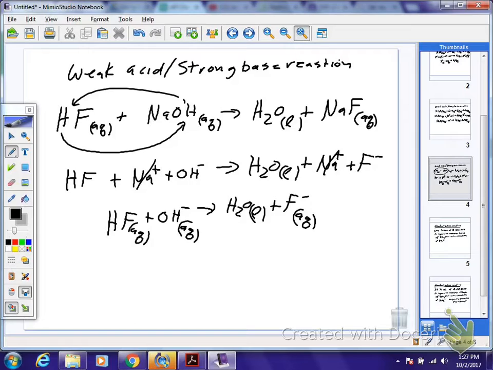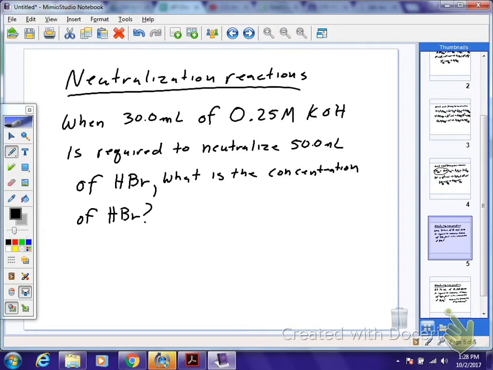All right. The next part is the actual calculation process, and it's real similar to what we did on Thursday when we set up our ICE. Now, I'm not going to set these up as ICE, at least initially.